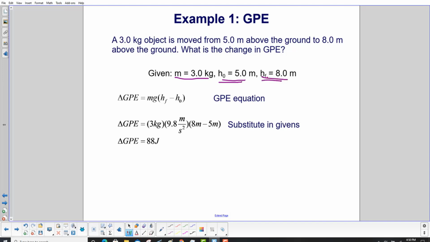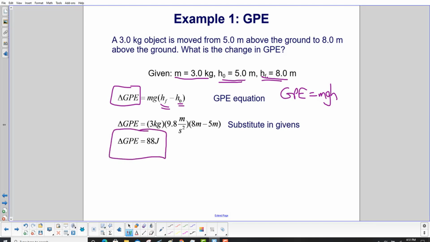So we've modified the equation a bit to be not just GPE equals mgh, but we're going to find the change in GPE between two different heights. So it'll be mg times h final minus h0, and it's always final minus initial. We then substitute in our givens, and we find that the change in GPE was 88 joules.